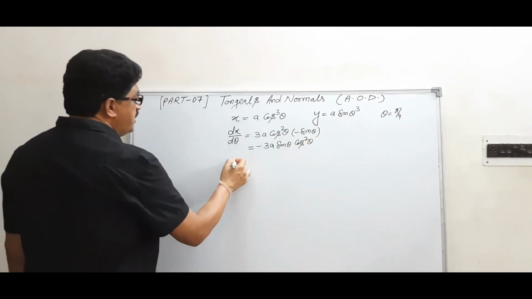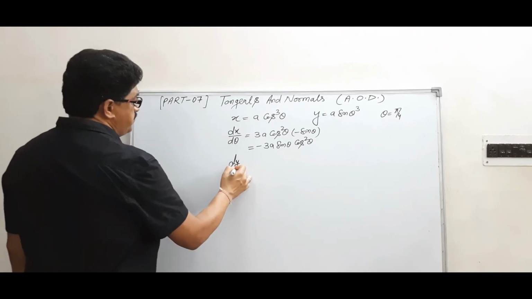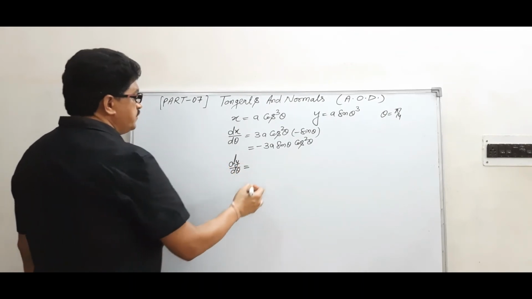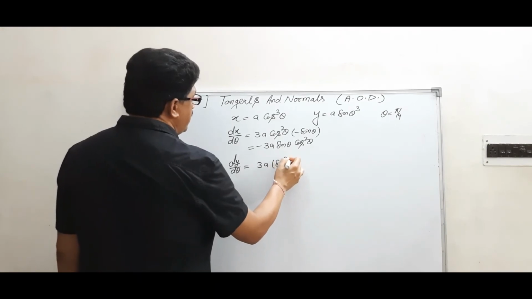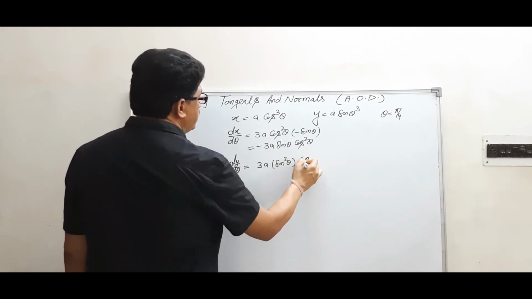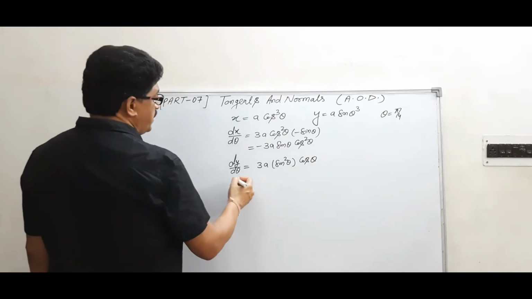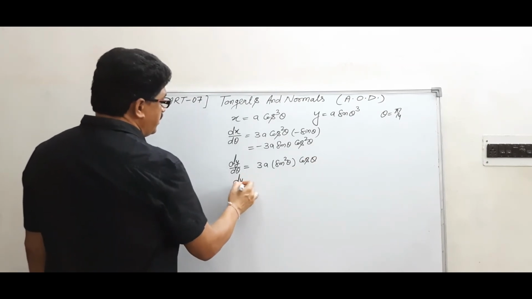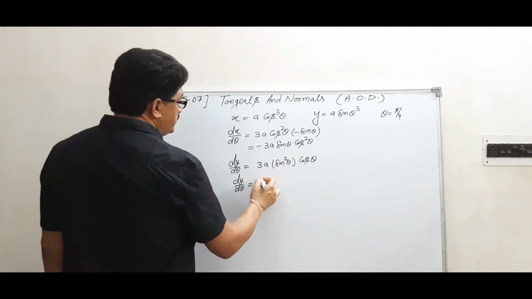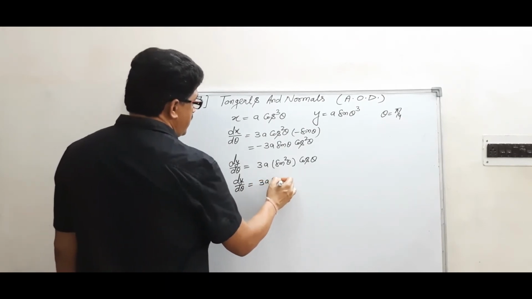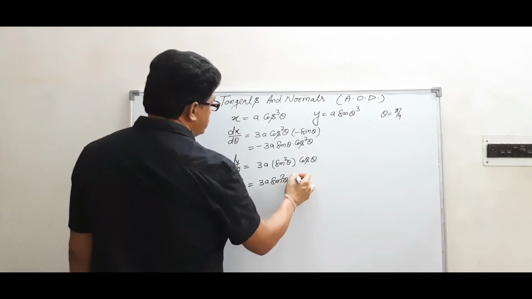Then we find dy by d theta, which is 3a sin square theta cos theta.